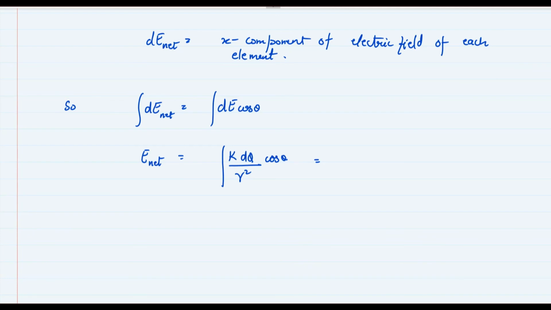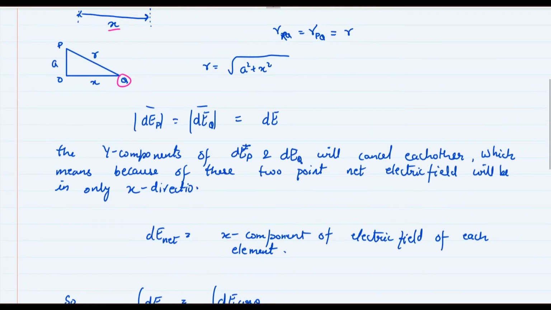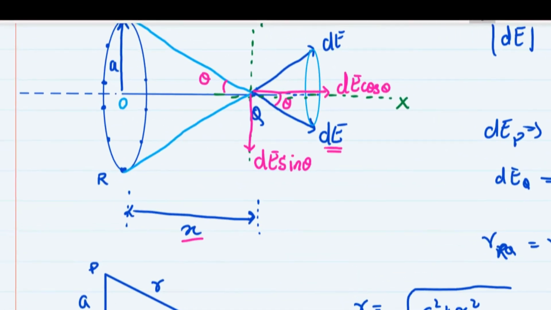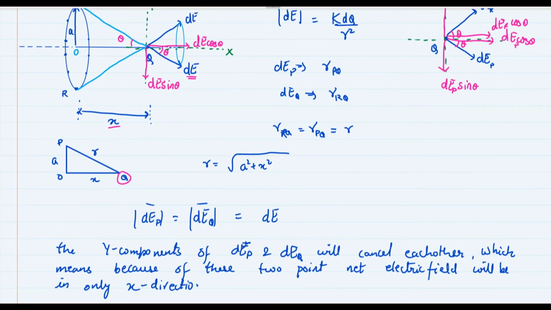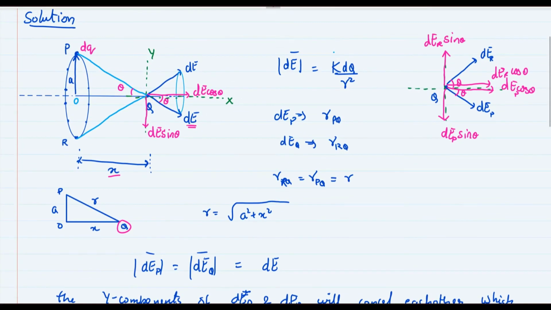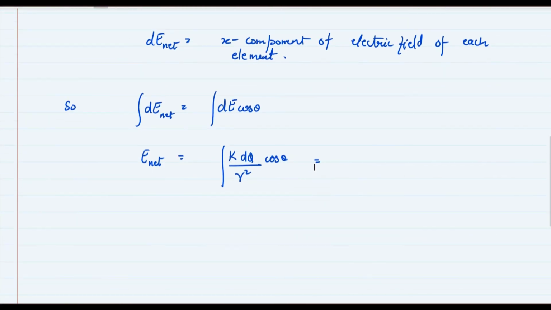Cos theta will also be a constant. Why? As we have fixed the point Q, meaning we have chosen the point on the x-axis, then x will become constant for that point and theta will become constant for that point. That is why we can consider them to be constant and take them out of the integration.